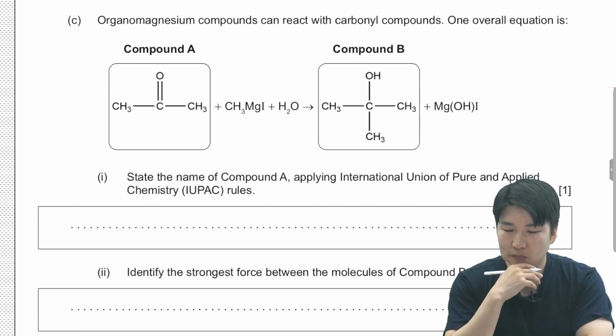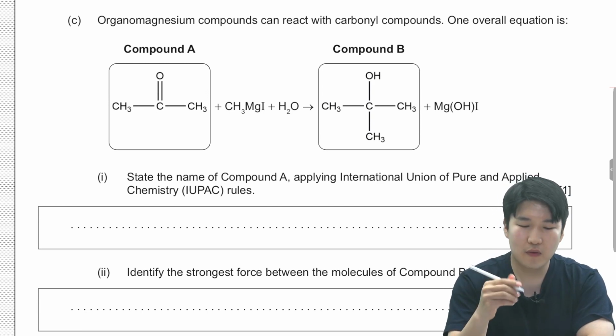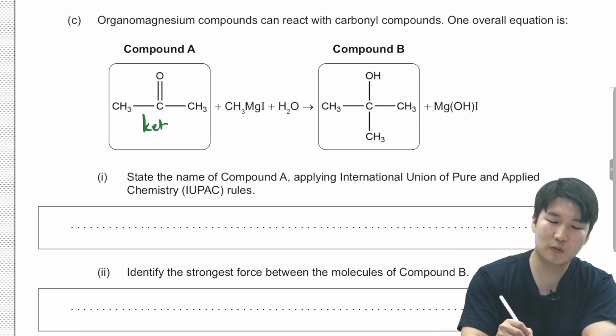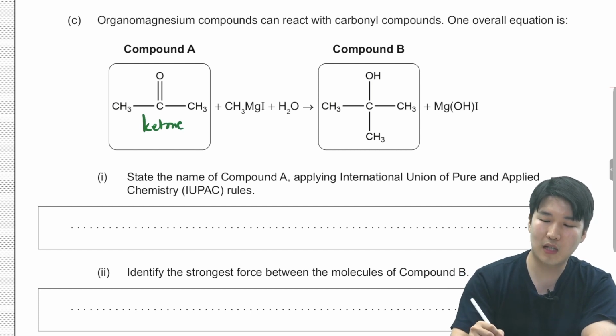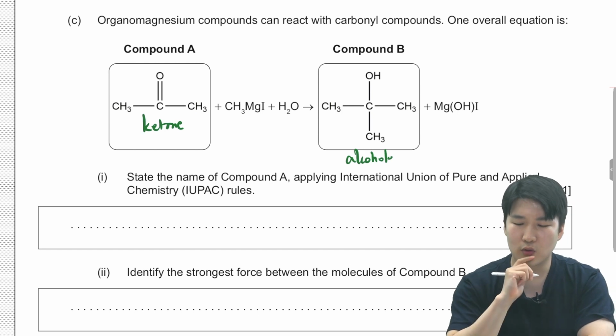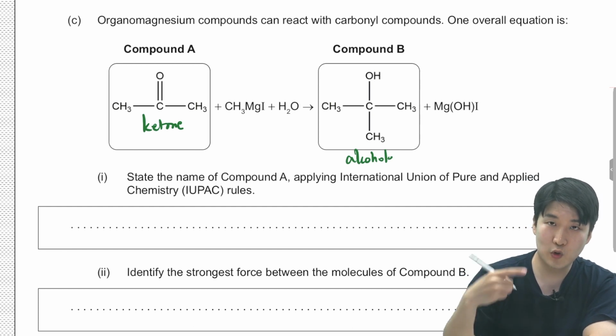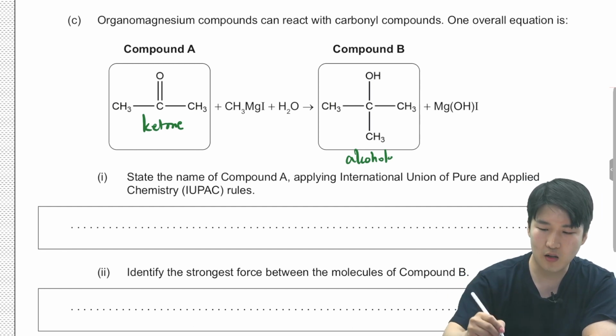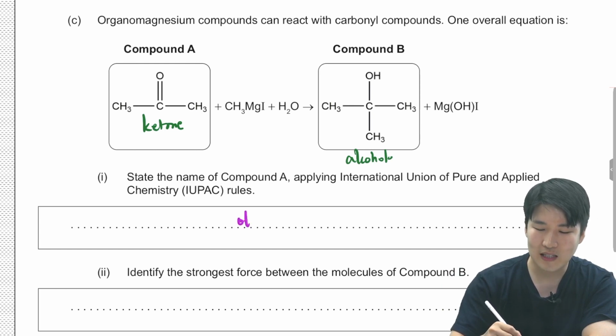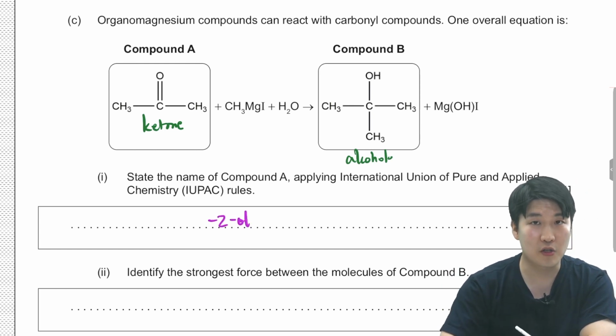Organic chem, where we have what seems to be a ketone turning into an alcohol, a propanol turning into a 2-methylpropan-2-ol. 2-methylpropan-2-ol because the functional group alcohol is at carbon 2 position.